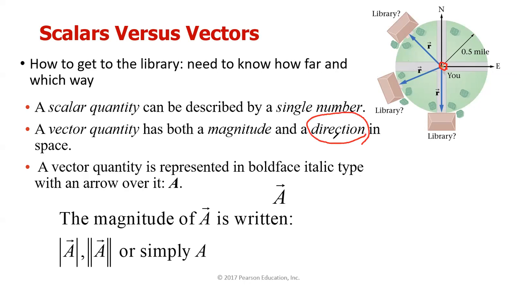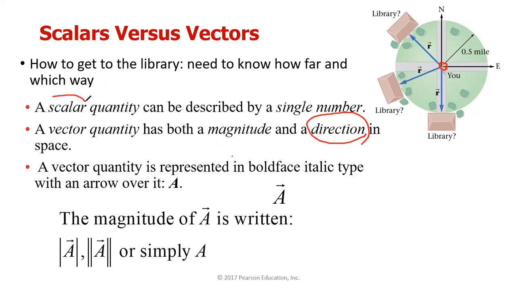Any property that has magnitude and direction, we call a vector quantity. In daily life, we mostly use scalar quantities.